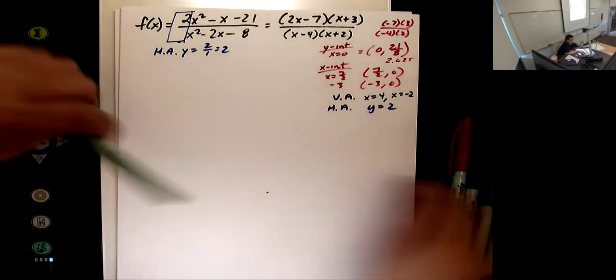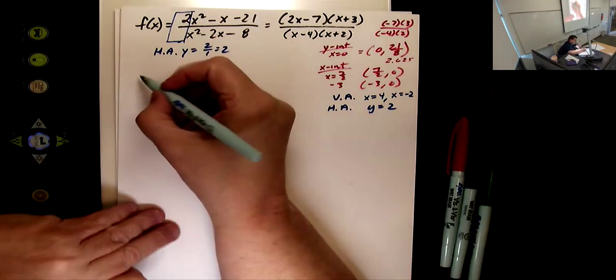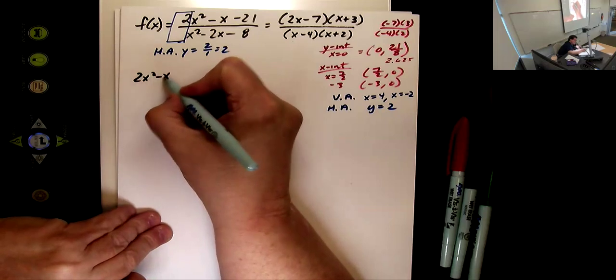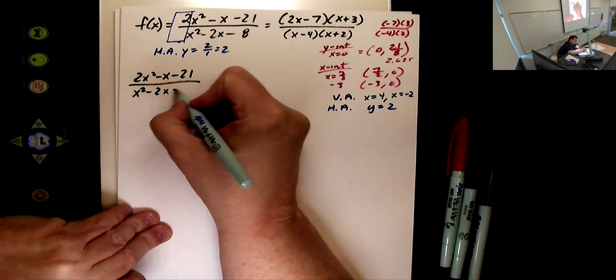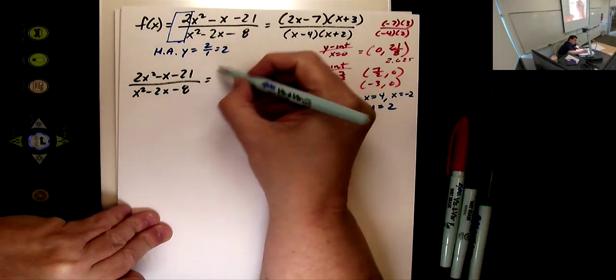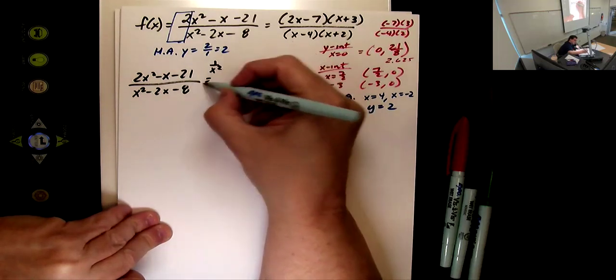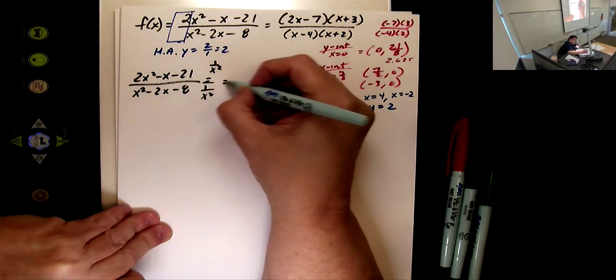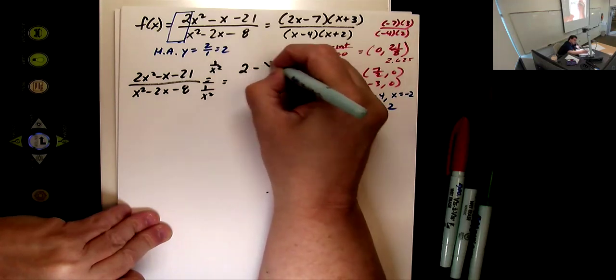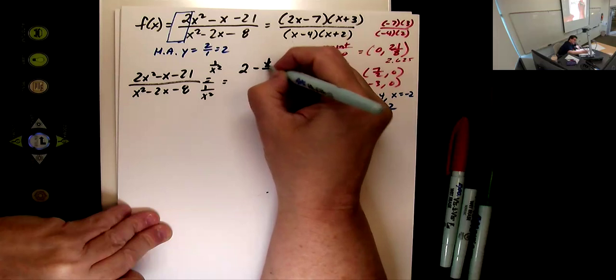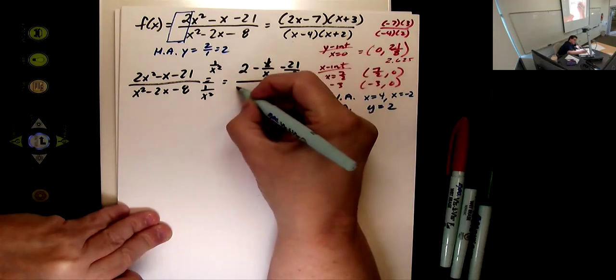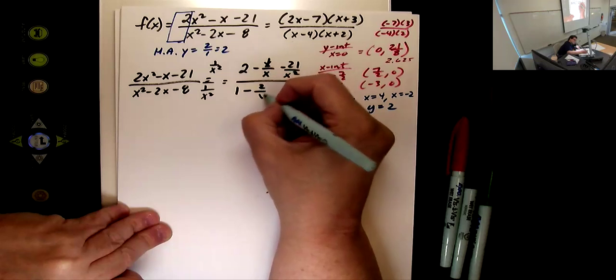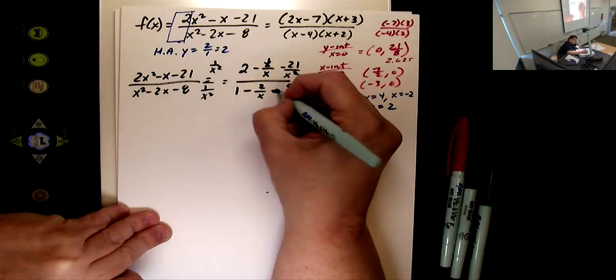But just to give you some more of the big picture, where it connects to things you'll do in calculus: if I multiply by 1/x² on top and bottom, this becomes 2 minus 1/x minus 21/x², over 1 minus 2/x minus 8/x².